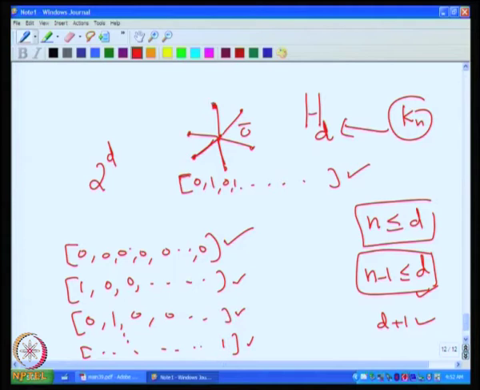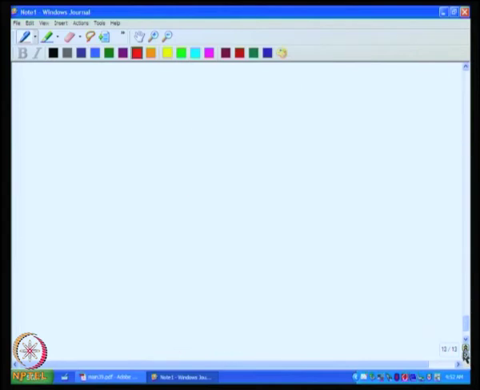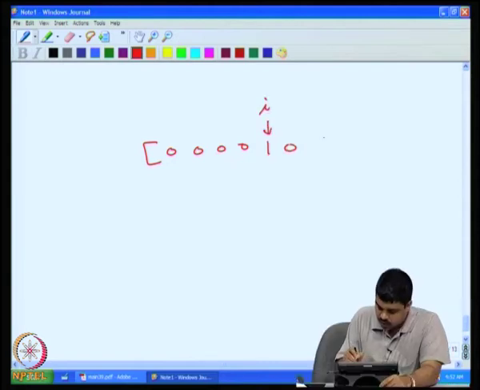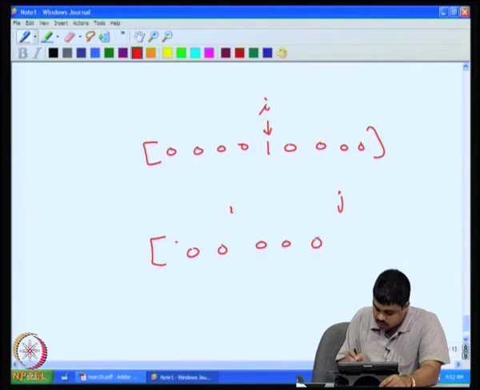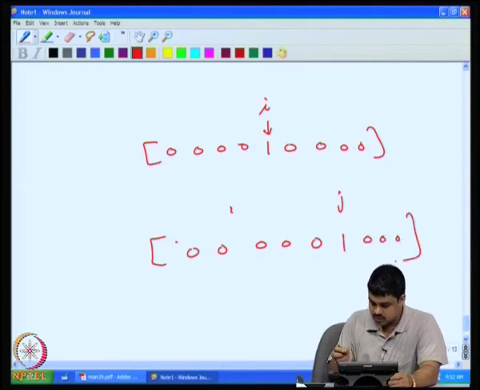And then how do I show a path between any pair of these vertices? For instance, take one vector with a 1 in the ith position and all others zeros, and take another vector with a 1 in the jth position and all others zeros.